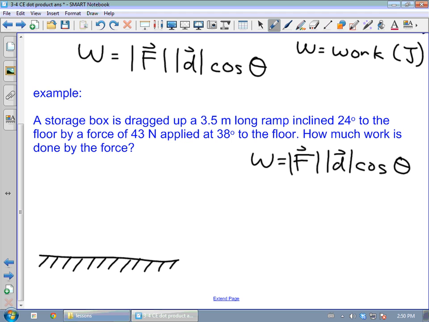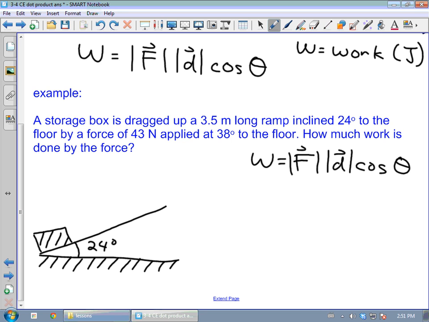I'm going to put in my ramp, which is inclined at an angle of 24 degrees to the floor. Okay. And I am going to put in my box. And I made this a box because that's about the only thing I can draw.